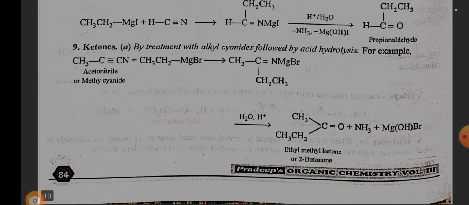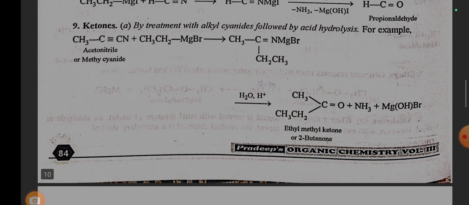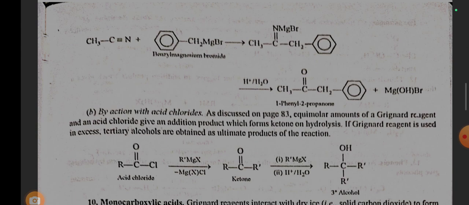9. Ketones. A. By treatment with alkyl cyanides followed by acid hydrolysis. For example, acetonitrile plus CH3CH2MgBr gives CH3C(=NMgBr)CH2CH3, which on hydrolysis gives ethyl methyl ketone or 2-butanone plus NH3 plus Mg(OH)Br.